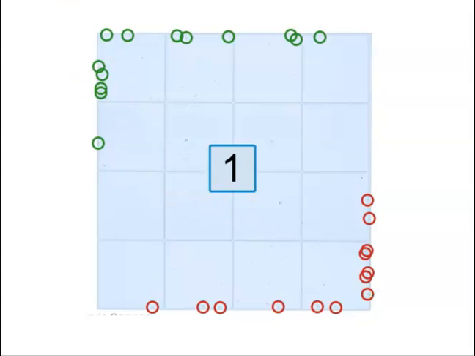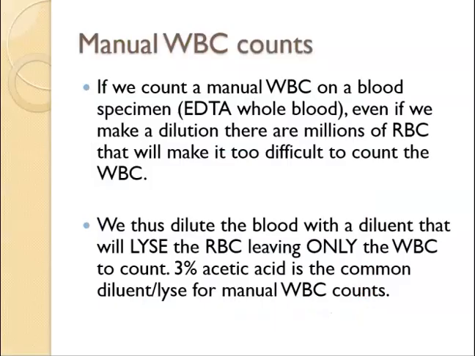Now let's talk about a manual white blood cell count. If we have an order for a white blood cell count and we are not worried about a red blood cell count, we can dilute it down using a solution that actually lyses our red blood cells and gets them out of the way visually. So we're just leaving our white blood cells available to count.